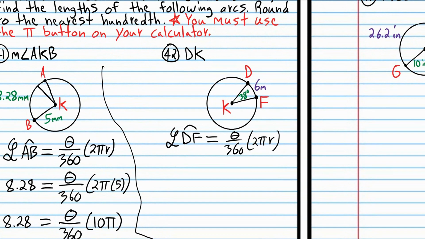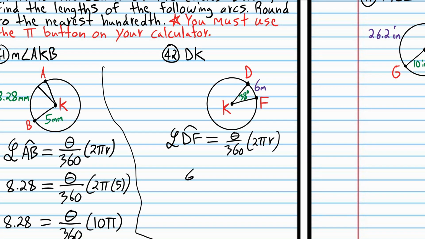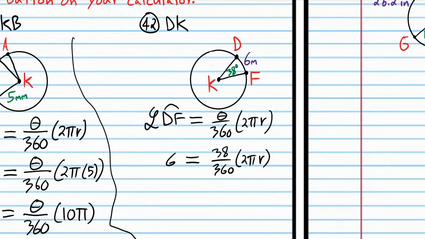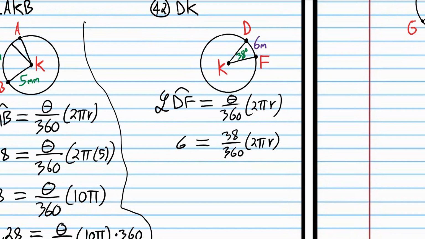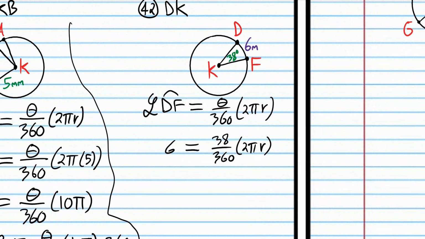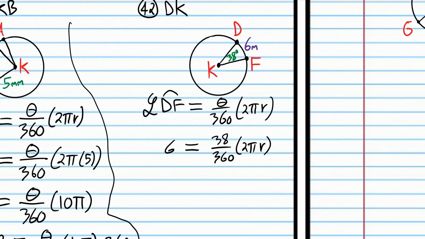And so the arc length is 6, and the central angle is 38. And now we don't know the radius. That's what we're looking for in this problem. So again, there are a lot of different ways you can do this, but probably the easiest way is, like I said, multiply both sides by 360.